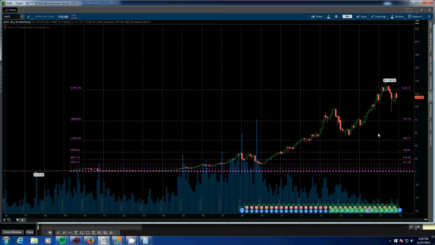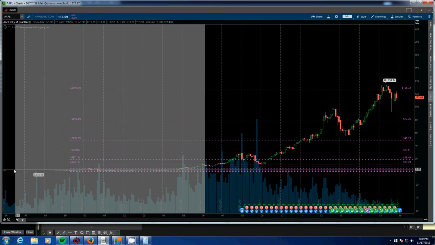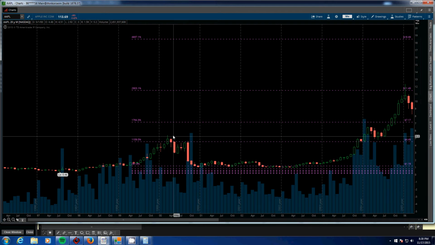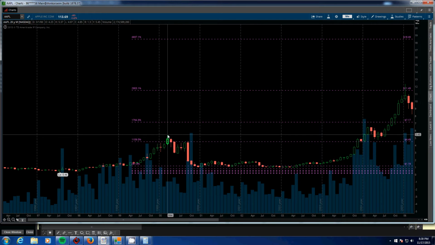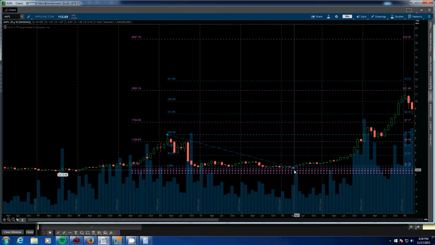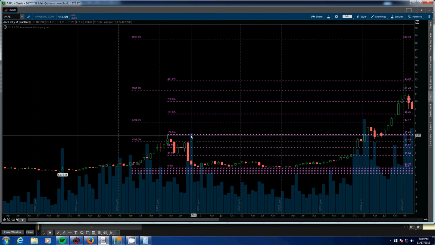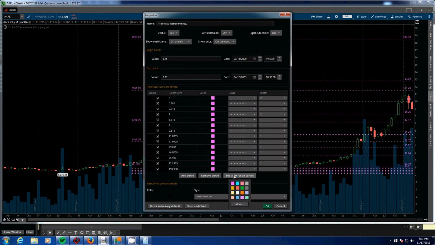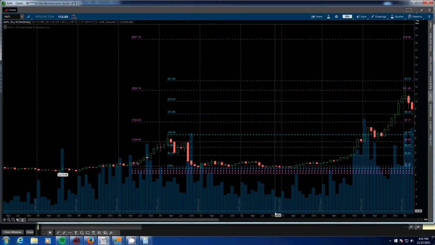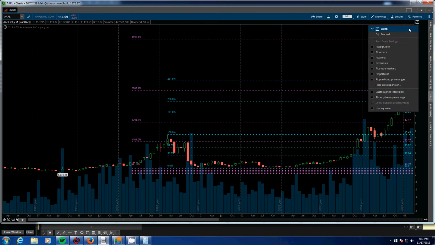Let's go back onto the 20-year and do another one. We'll just do one that we can see now. Let's do this pullback right here. It looks like it comes down to that point. Let's change the color, and we'll zoom out.